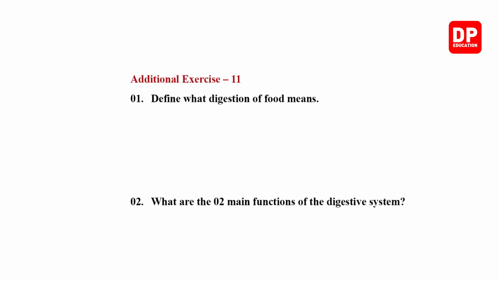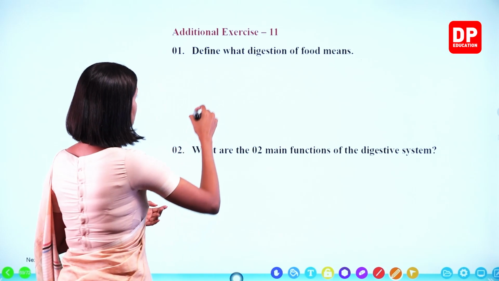Right. Number 11. Define what digestion of food means. What is the meaning of digestion of food? Breaking down of complex food into simple pieces. So breaking down of food into simple particles is known as the digestion of food, right?